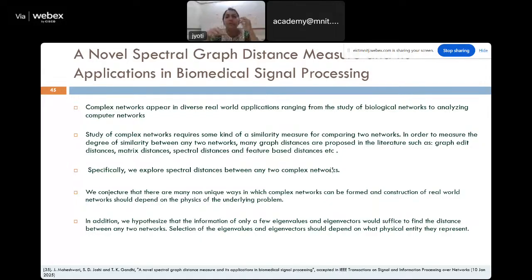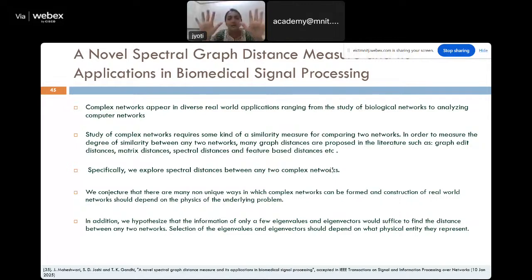Based on the current work, we have proposed that we can use this phenomenon as a graph distance between any two networks, even beyond this scenario, in biological networks or computer networks, or networks forming in different situations. Wherever networks are there, we can find the adjacency matrices or edge weight matrices of any two networks.